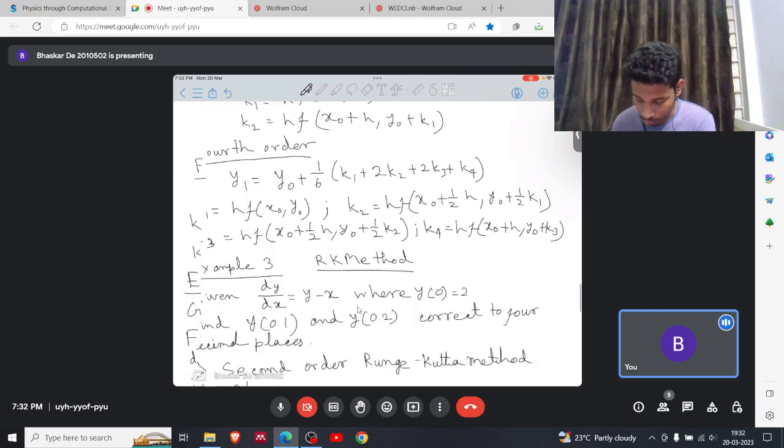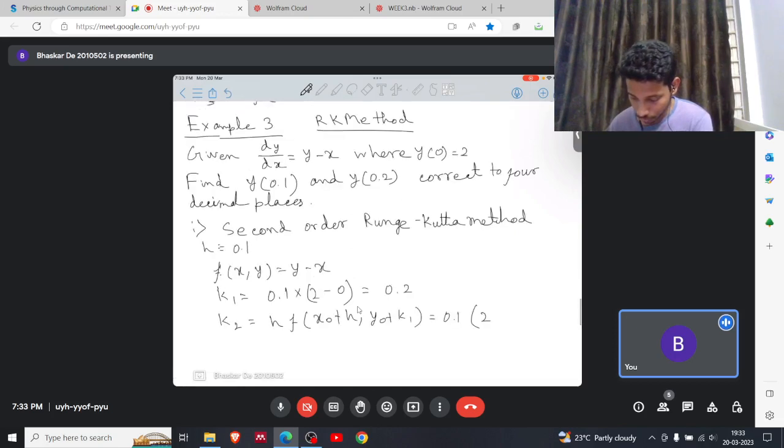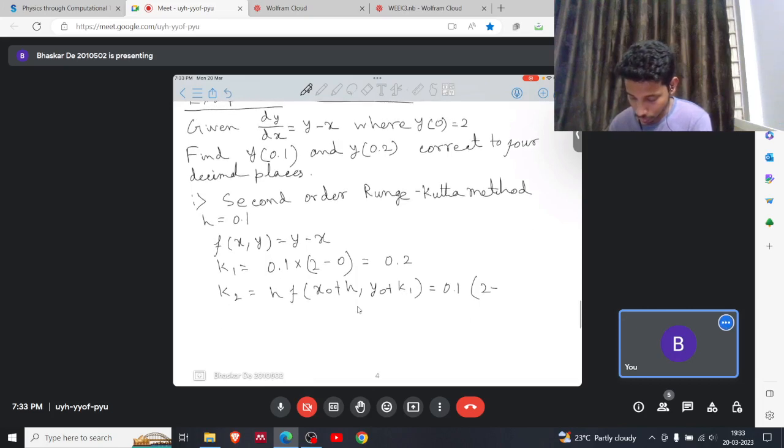Similarly, the value of k2 equal to h f(x0 plus h, y0 plus k1), so 0.1 times (2 plus 0.2 minus 0.1), that will give 0.21.